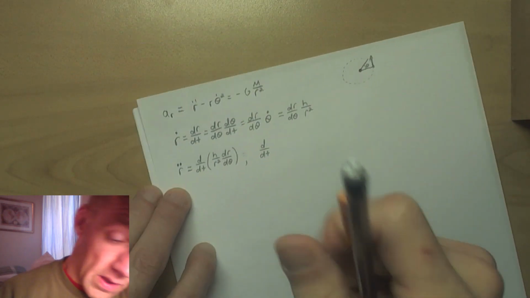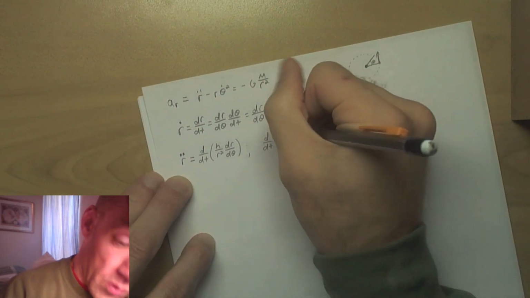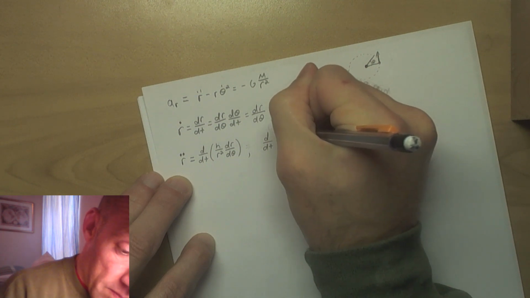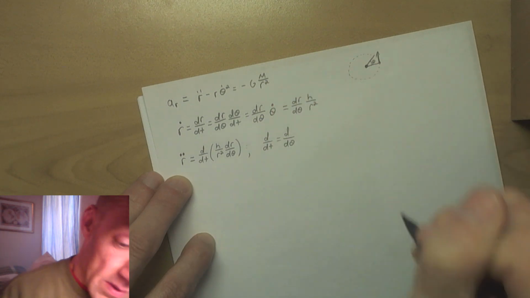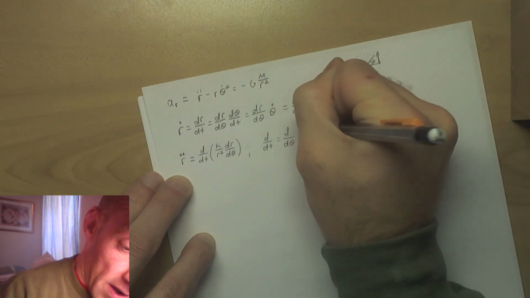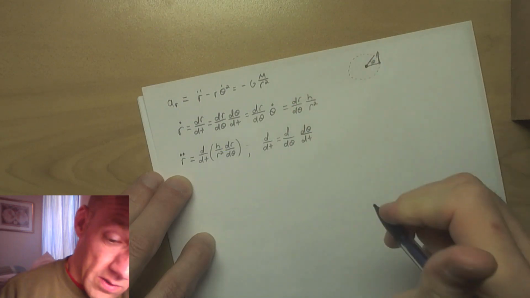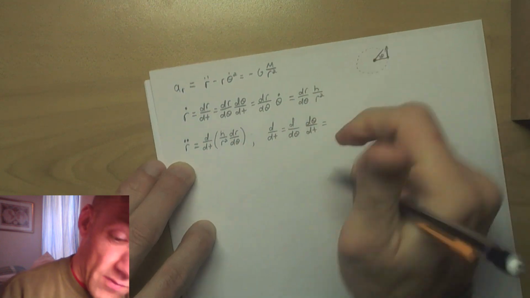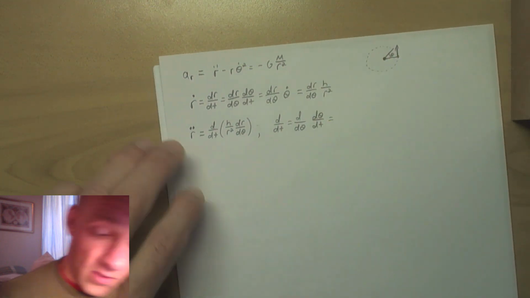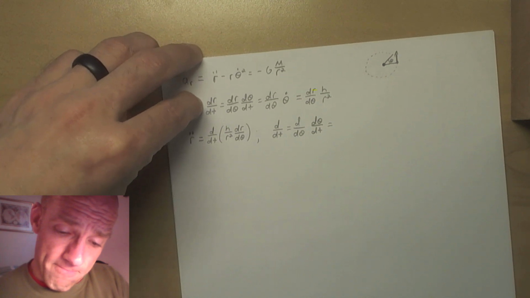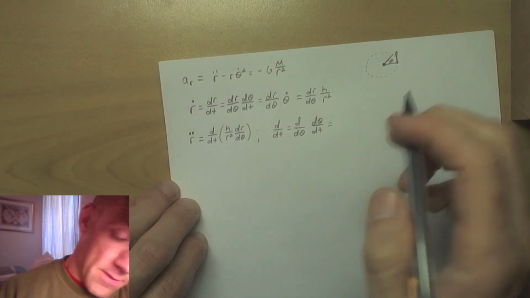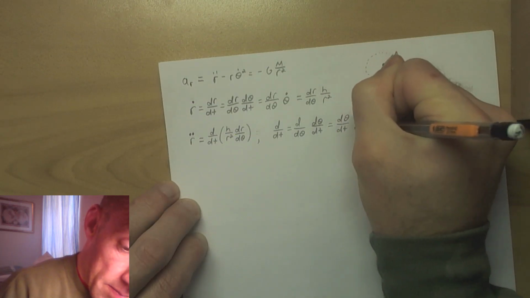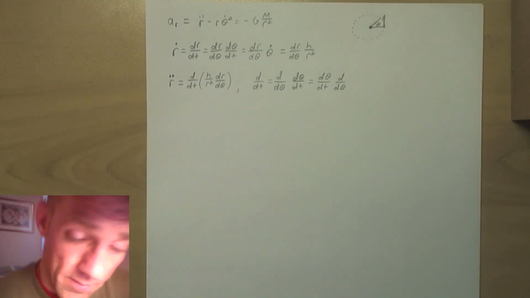This is equal to d theta, and then we multiply by d theta dt. So we use this to operate on here, and we can reverse the differentiation and multiplication here.